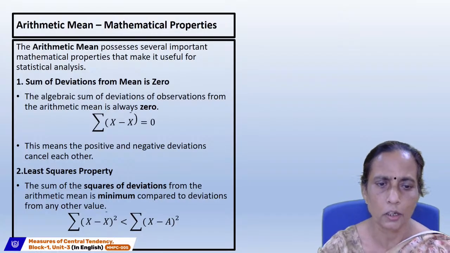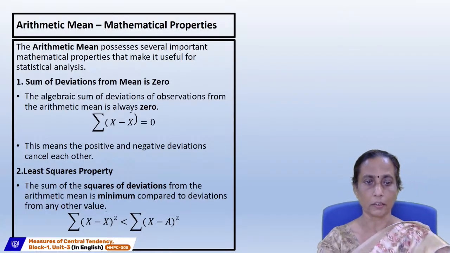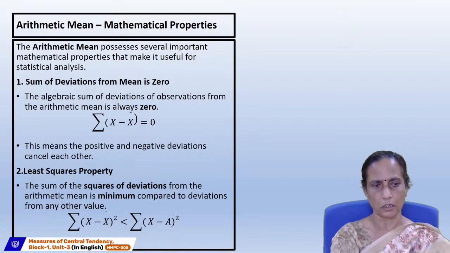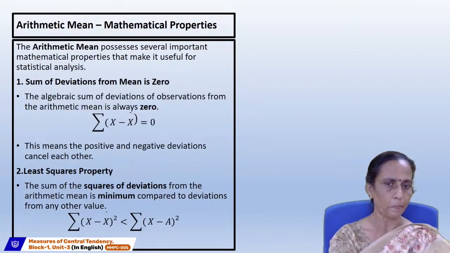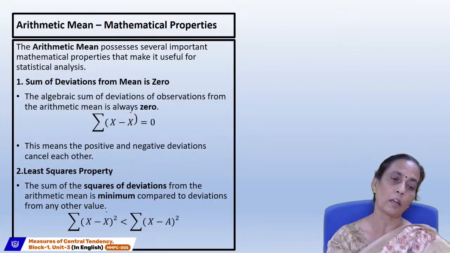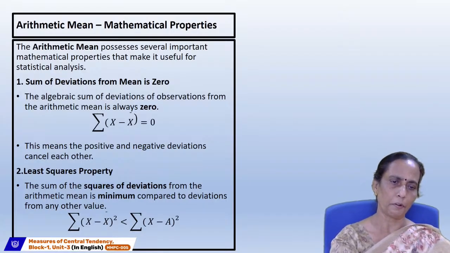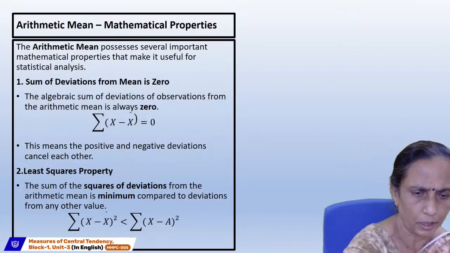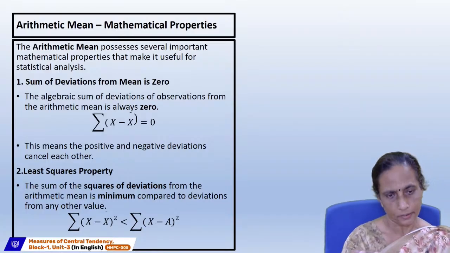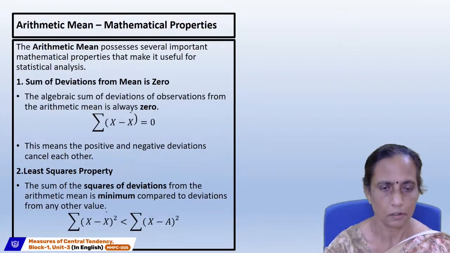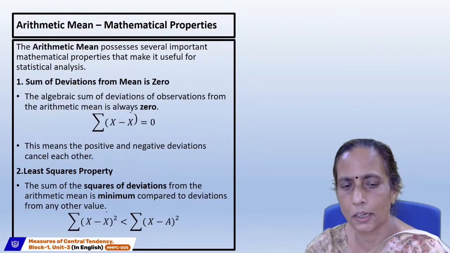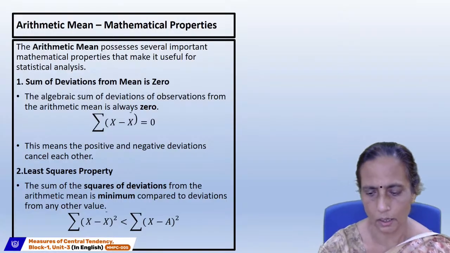One more is the least squares property. The sum of squares of deviations from the arithmetic mean is minimum compared to deviations from any other value. That means if you take the squares of deviations from any value other than the mean, then that sum will always be greater than the sum of squares from the mean.